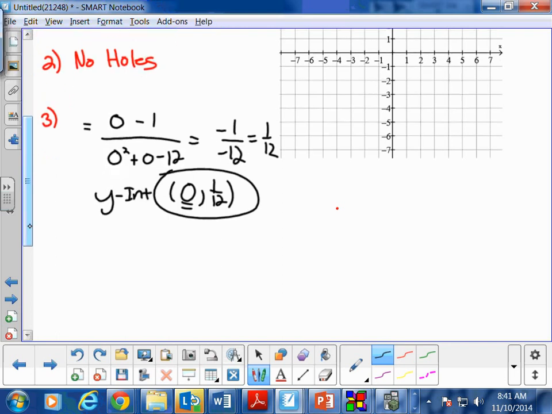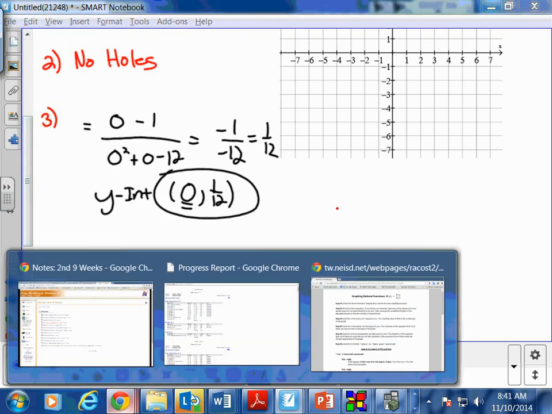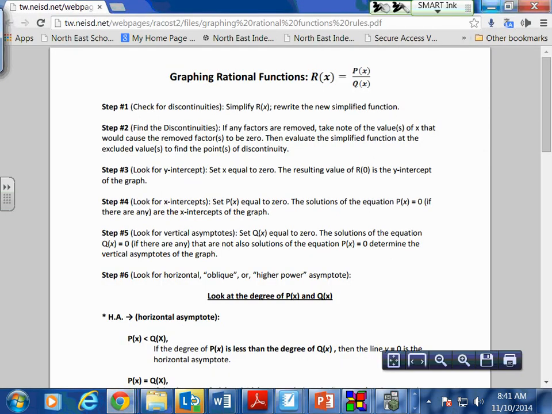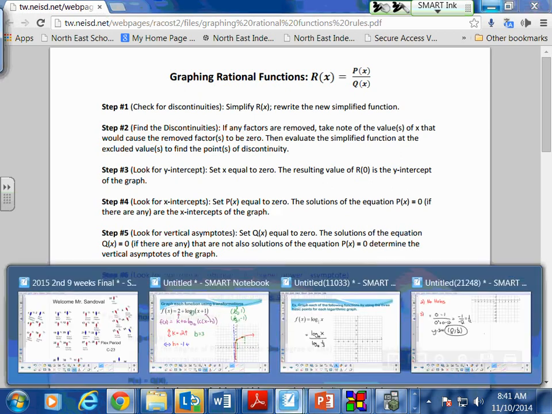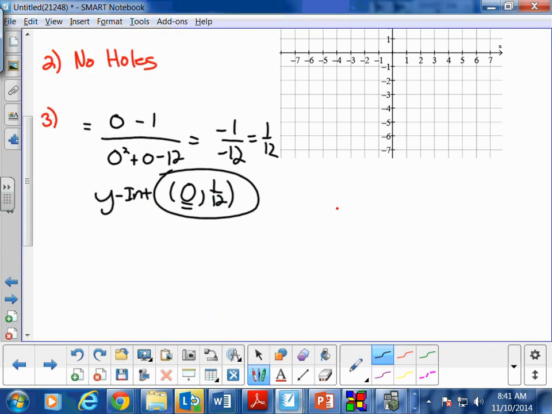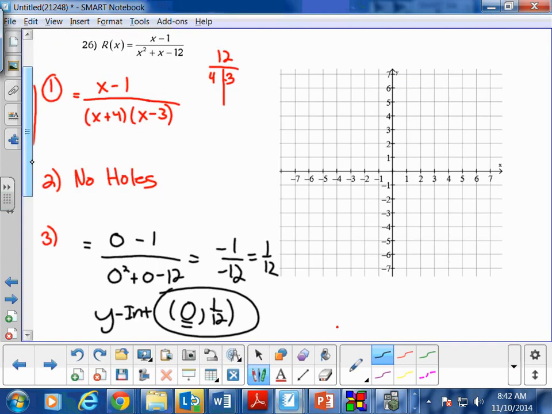Now, step 4, if you look at your notes, says look for the x-intercepts, and this is done by setting p of x equal to 0. So we take the p of x in this one. Remember, p of x is the top one, and q of x is the denominator.